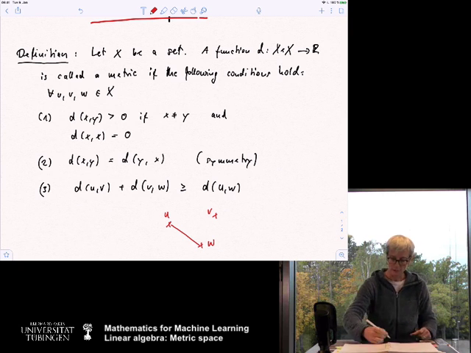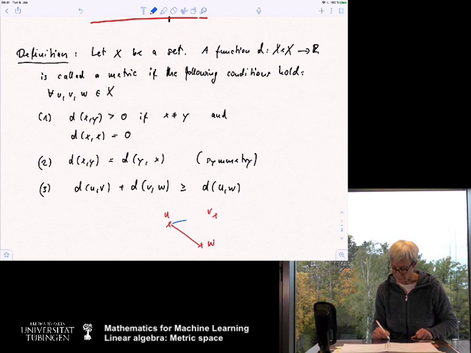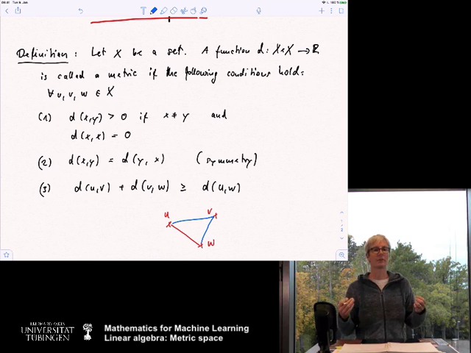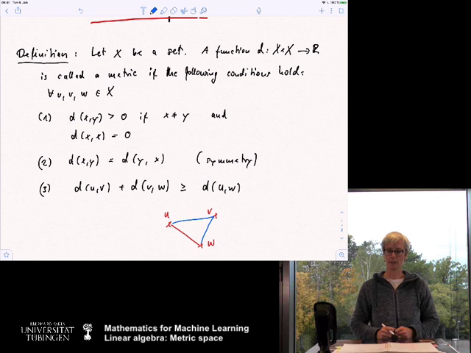So if you first go from u to some other point v, and then you go from v to w, this detour should be longer, or at least it mustn't be shorter than the direct way. This is what the triangle inequality says. Okay, and taken together, whenever we have all these axioms, the function d is called a metric.